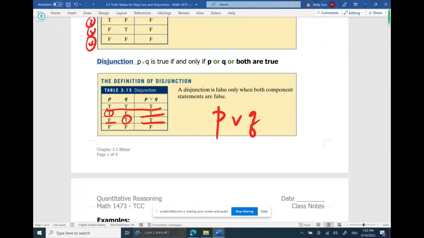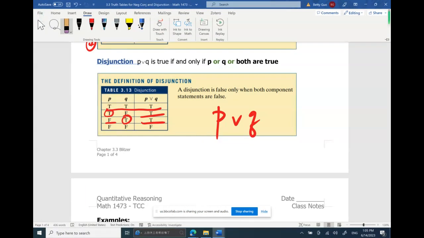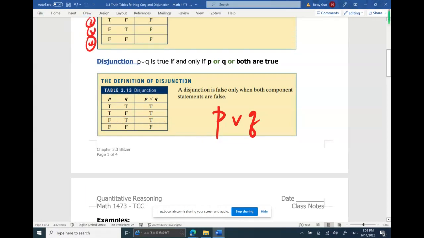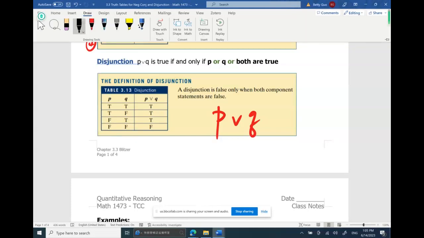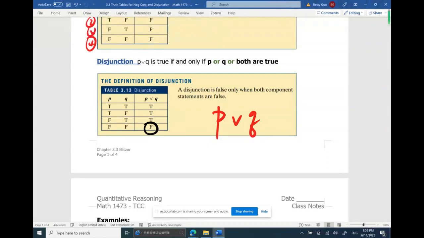To make it simple for us, you want to remember the only case in which the disjunction is false. It is the last case. To make a disjunction false, both of the two component statements have to be false. It's an easy way to understand and memorize the truth table for disjunction. Let me repeat that.